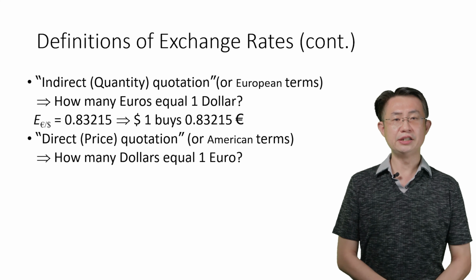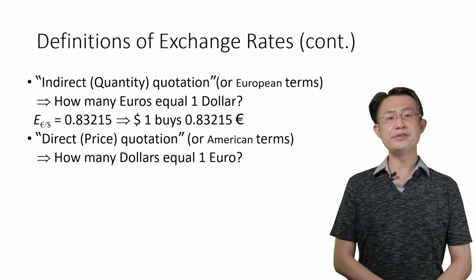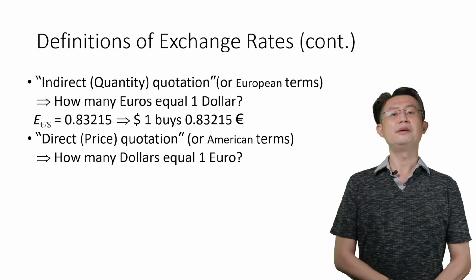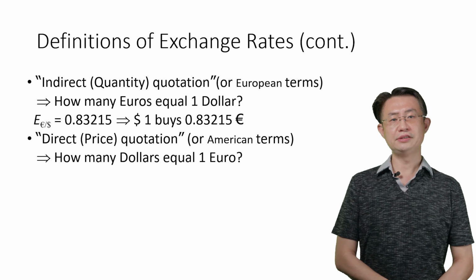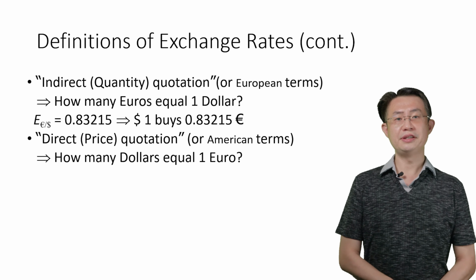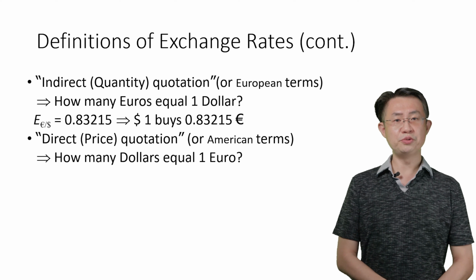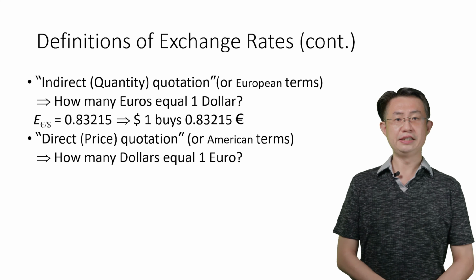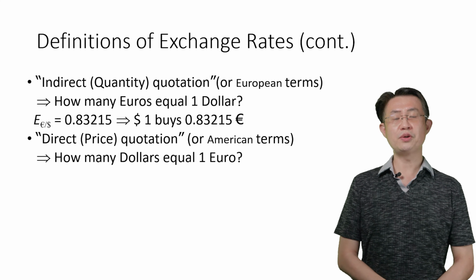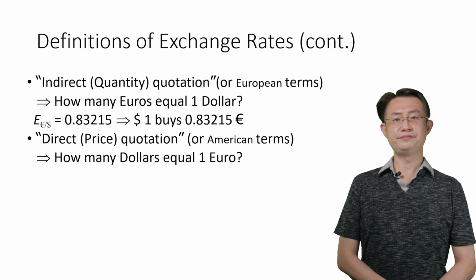So in this example, we consider the euro the base currency. On the other hand, the US dollar plays the role of the core currency. If we want to measure the price of one euro in terms of US dollars, we use the way to illustrate the exchange rate we call direct quotation.